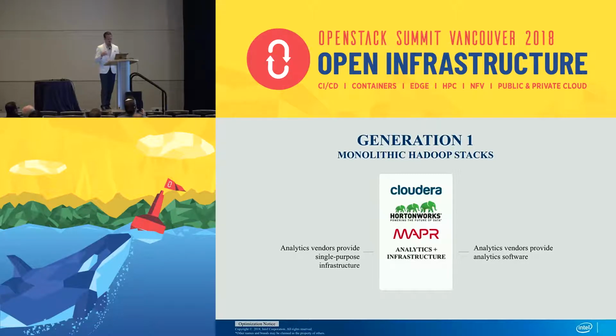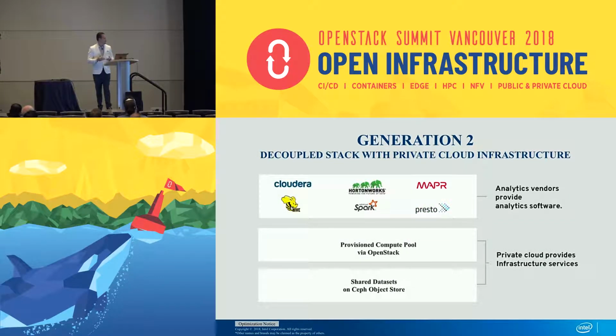The original, generation 1, was a monolithic Hadoop stack. It provided very single-purpose infrastructure, scheduling and storage tailored specifically to analytics needs, and it provided the analytics software on top of that. What I would say is that the new generation is decoupling the stack, with analytics vendors focusing more on providing analytics software, and the storage and provisioning aspects getting pushed down to the infrastructure layer, because that's more general and needed more broadly across the entire organization.